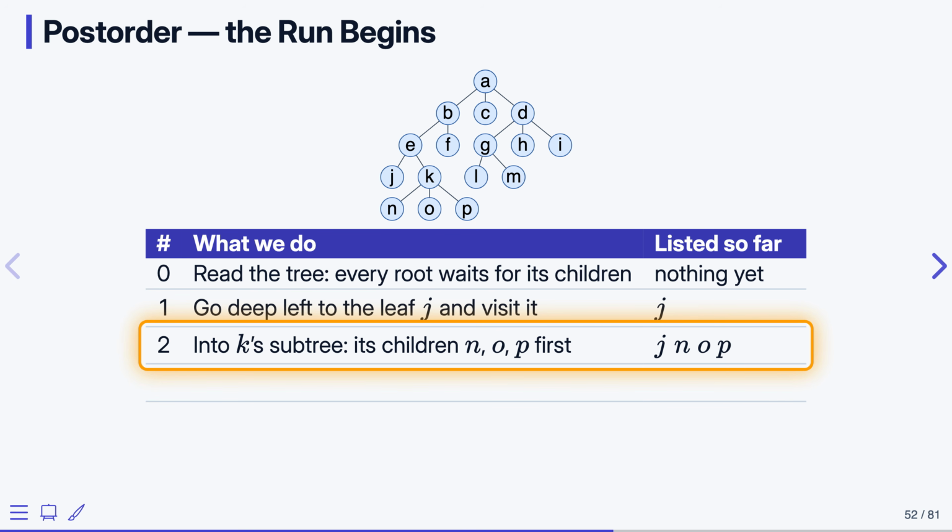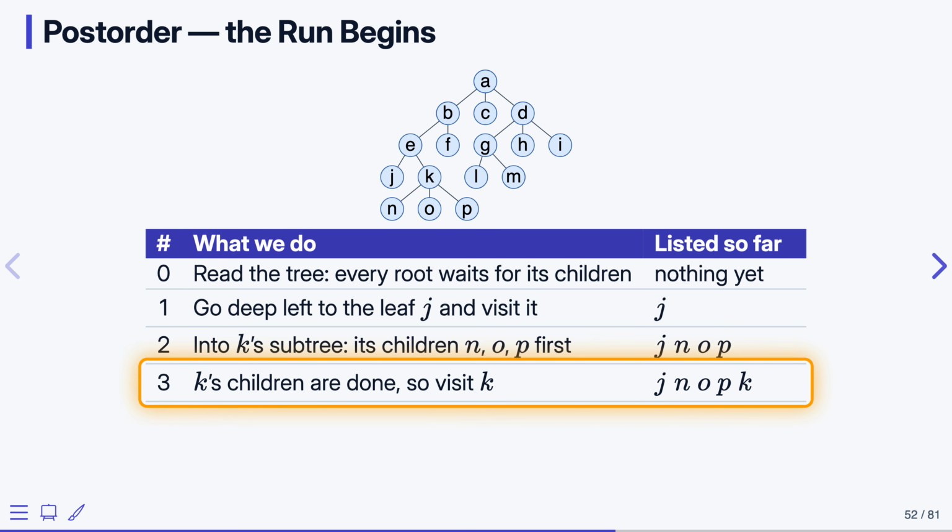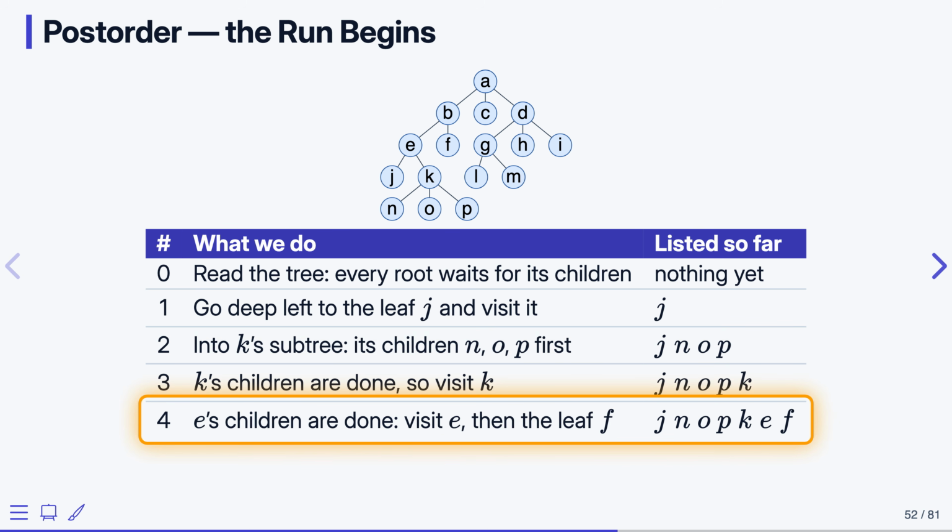Its children N, O, and P are leaves, so they go first. Step 3. Now K's children are all done, so we may visit K itself. Step 4. That finishes both of E's children, J and K, so now we visit E, then we move to B's other child, the leaf F. The list is J, N, O, P, K, E, F.